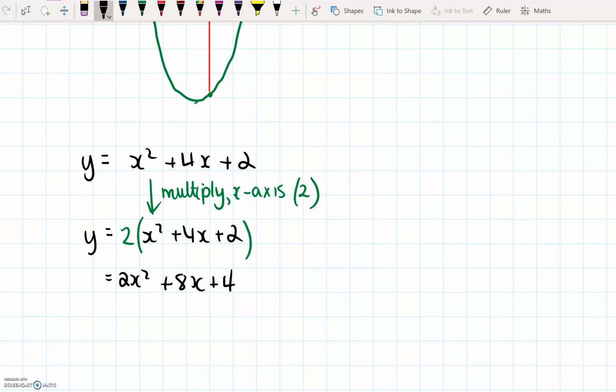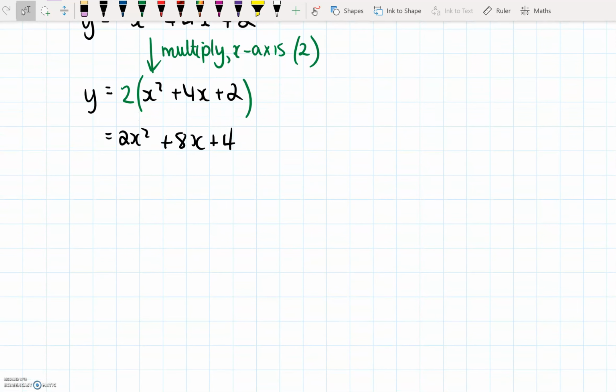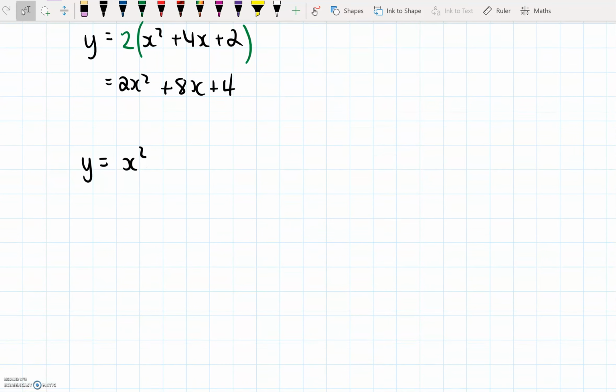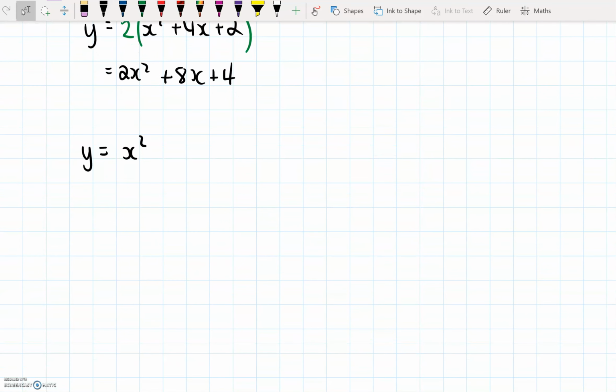Now, you guys haven't usually been working with your formulas in this form lately. We've been working with things such as, if you have y equals x squared, what happens if we do the following things? We can do this in 2 ways, and I'm going to show you the difference between the 2 ways so that you can see what happens if we do them in a different order.